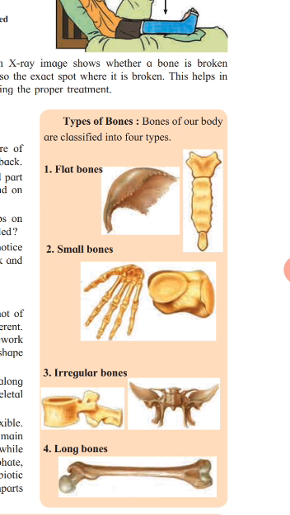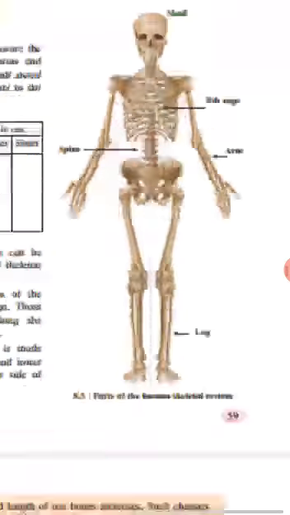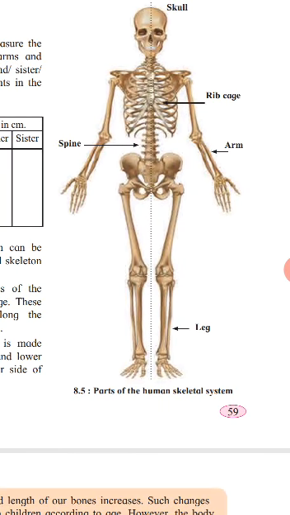There is no definite shape to these bones. It is felt in the nearby thighs. And the last is long bones. Long bones are situated in the legs or hands. You can see this image. The longest bones, you can see in the hands and legs. So they are called long bones.